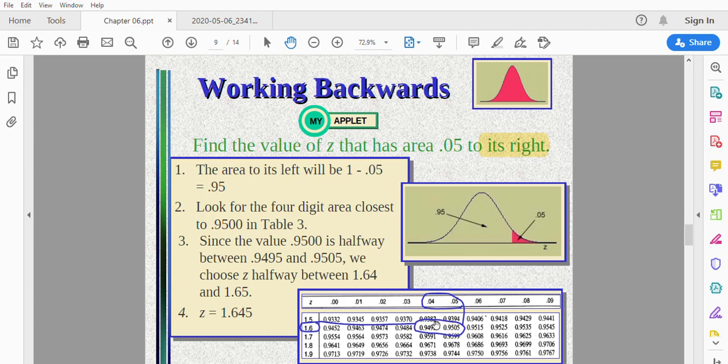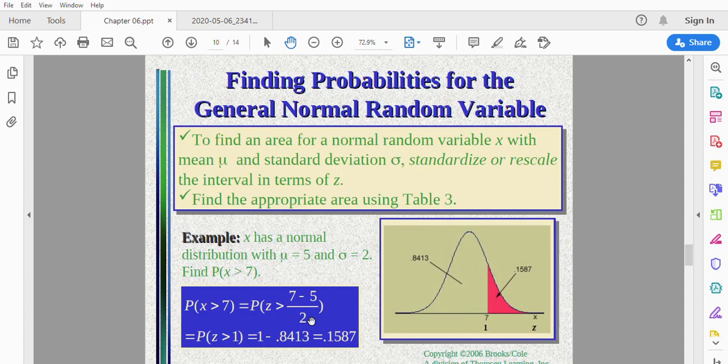So how do we choose the z value? We see this probability, and see the z value on the left and also on the top. Here they are 1.64 and 1.65. So just add and divide by 2, and we will get the z value. This is how we determine the z value from probability.